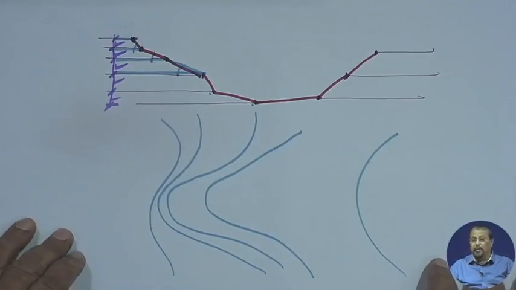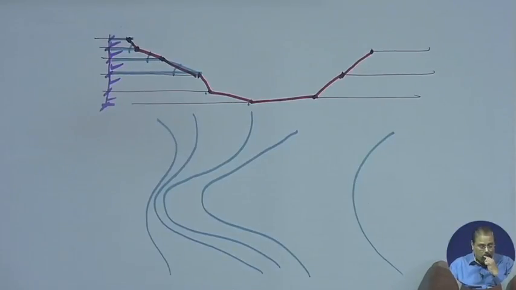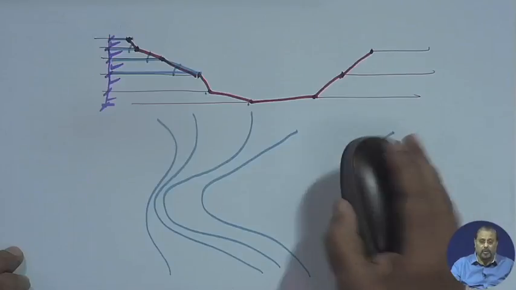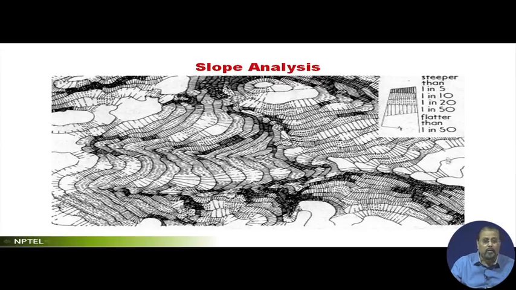This is very critical in a landscape project, and that is what is shown here in this particular diagram on the screen that you are seeing. Look at this particular screen in the slope analysis. What is done is, if you try to represent this, you can do it with color or with hatch patterns. If you do it with color, wherever it is steep you give a darker color.